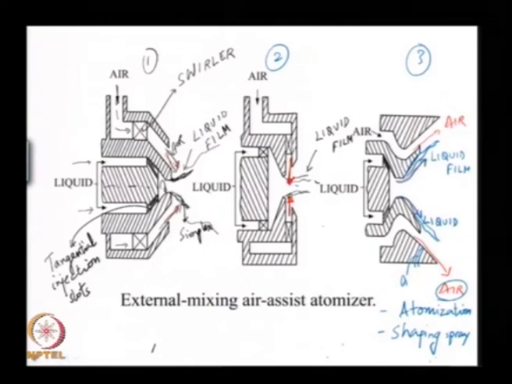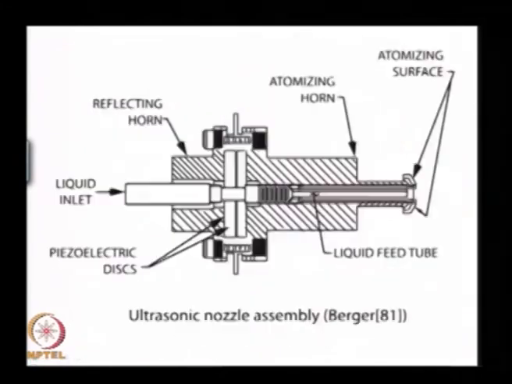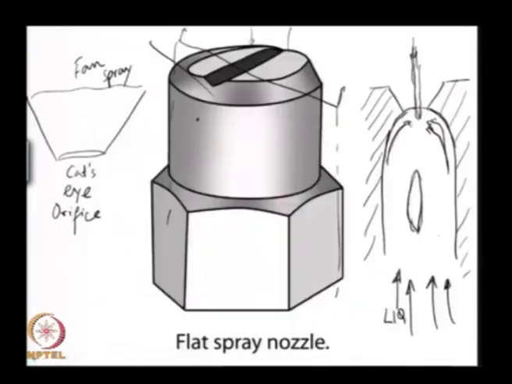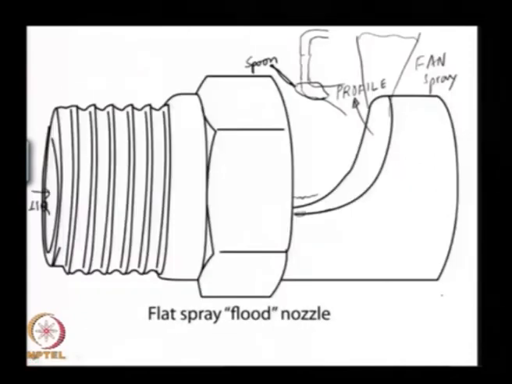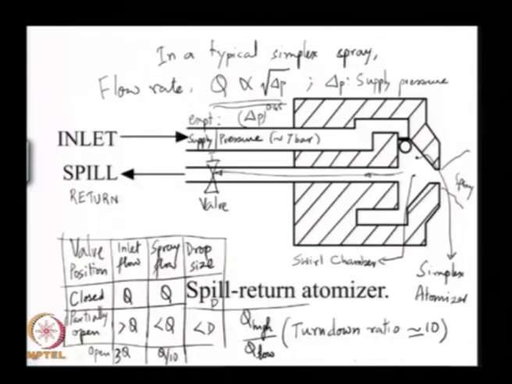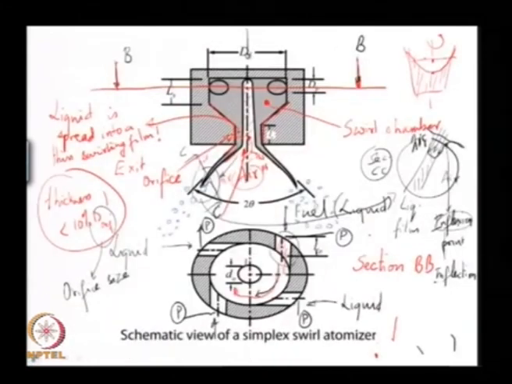Now, in all the three previous designs that we saw, where you look at a typical simplex nozzle or even a flat fan spray flood nozzle, you are injecting into stationary air, and the spray angle as well as the drop size are fluid mechanically controlled by the inertia in the liquid itself.